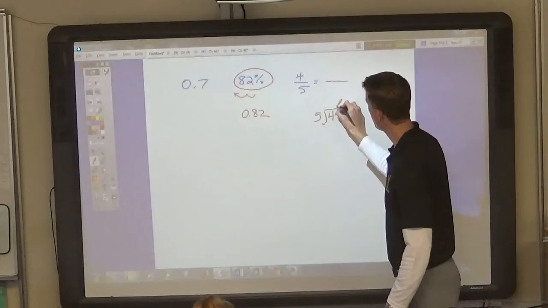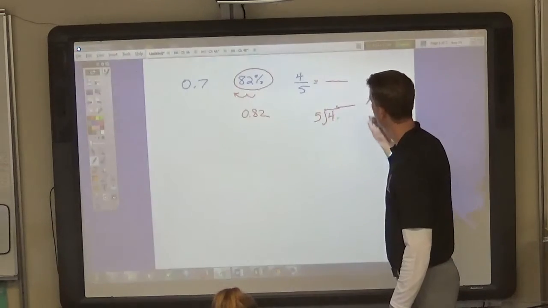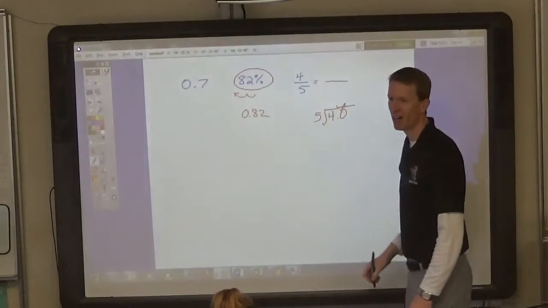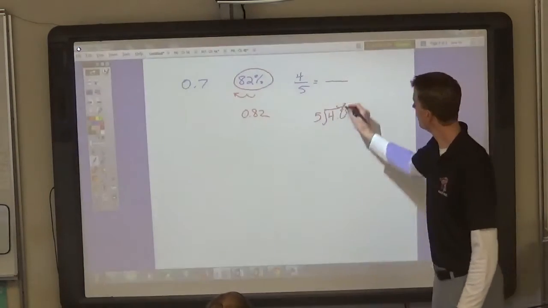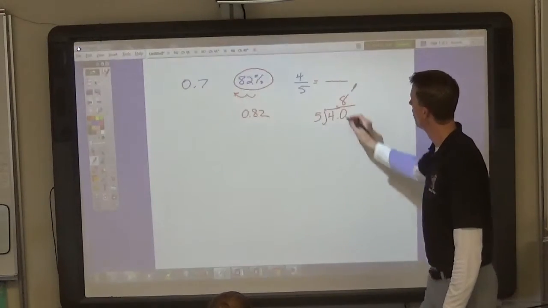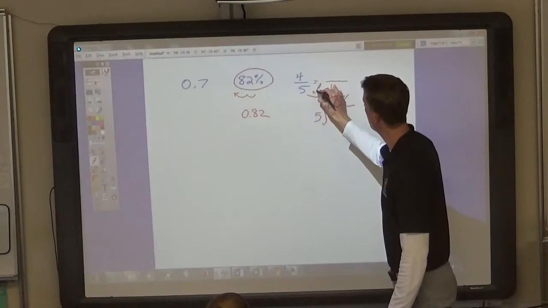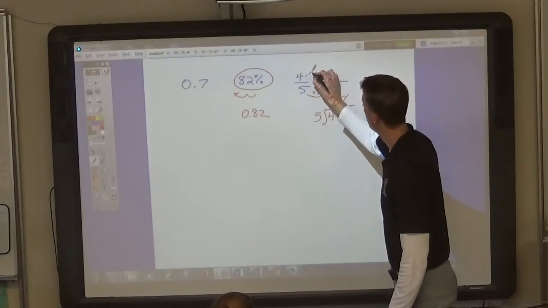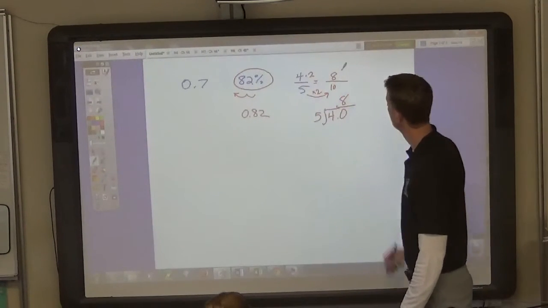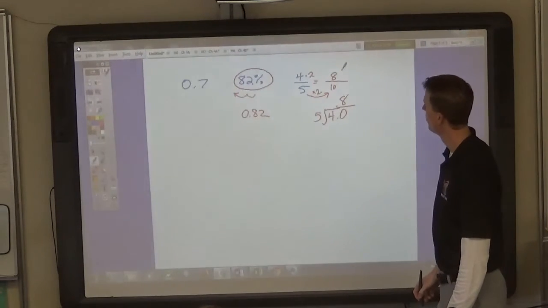Put the decimal points in the right place. And then divide. Which is 0.8. Or if we converted it to tenths, you have to multiply by 2, multiply by 2, and you get 8 tenths.